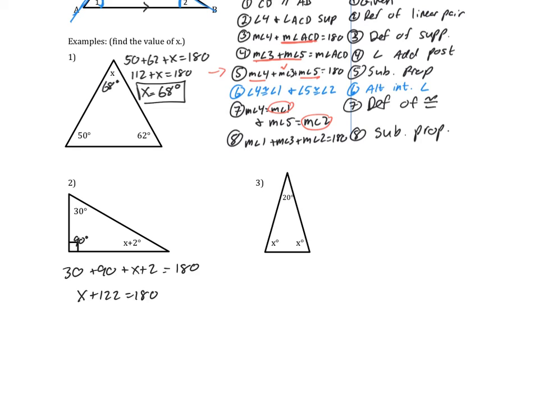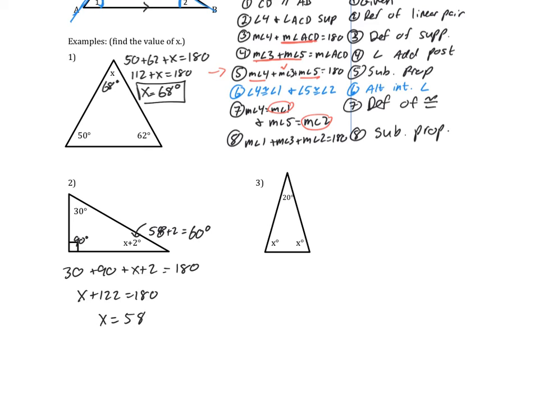So that tells me that x equals 58, which means when I go to find this degree measurement, I'm just going to plug it in. 58 plus 2 equals 60. So that tells me that that is going to be a 60-degree angle.